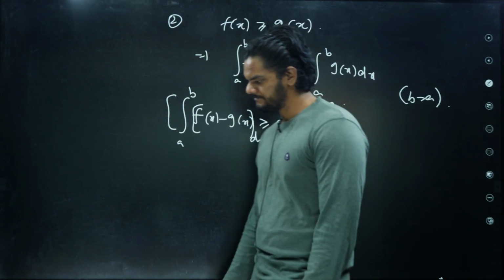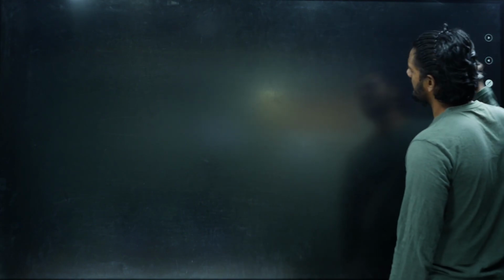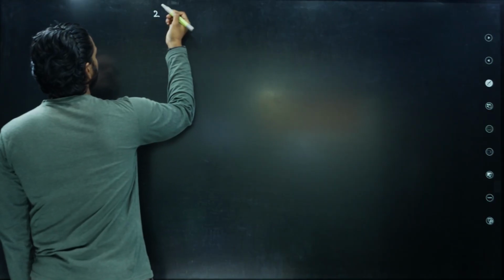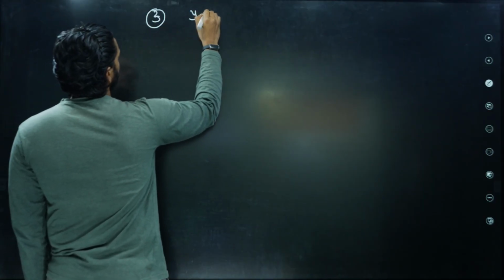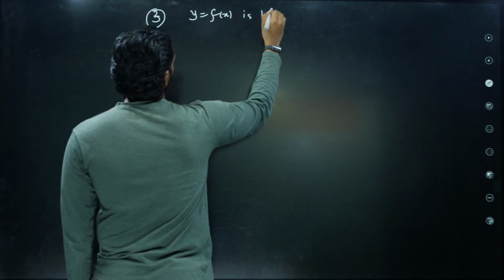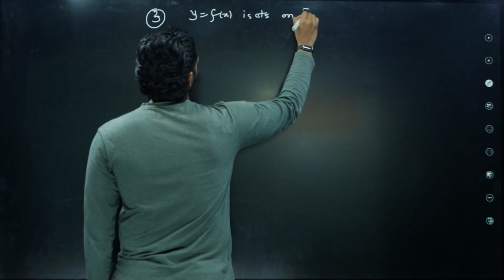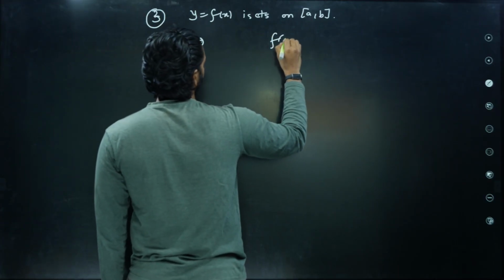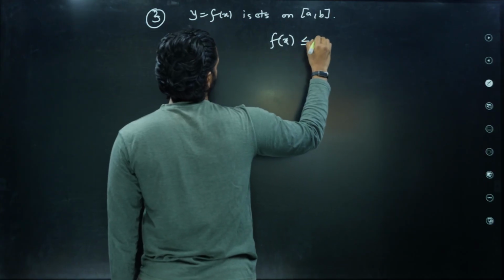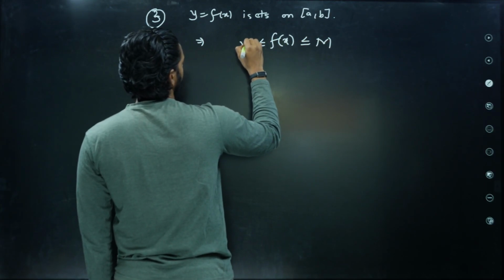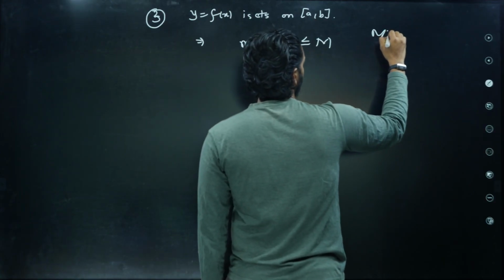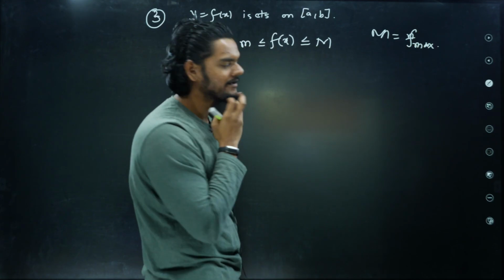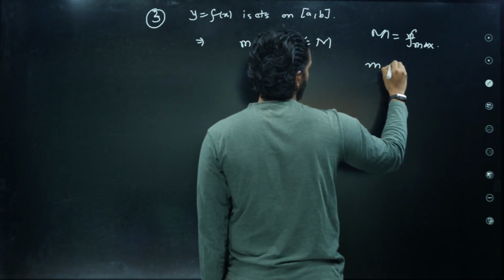What is the next one? Another important thing is a function, when it is a continuous function, right? We always have extremums. Y equal to f of x is continuous on [a, b]. That would imply that f of x is between some m and M, where M is the f max, let's say, the maximum value f can take, and m is the minimum value f can take.